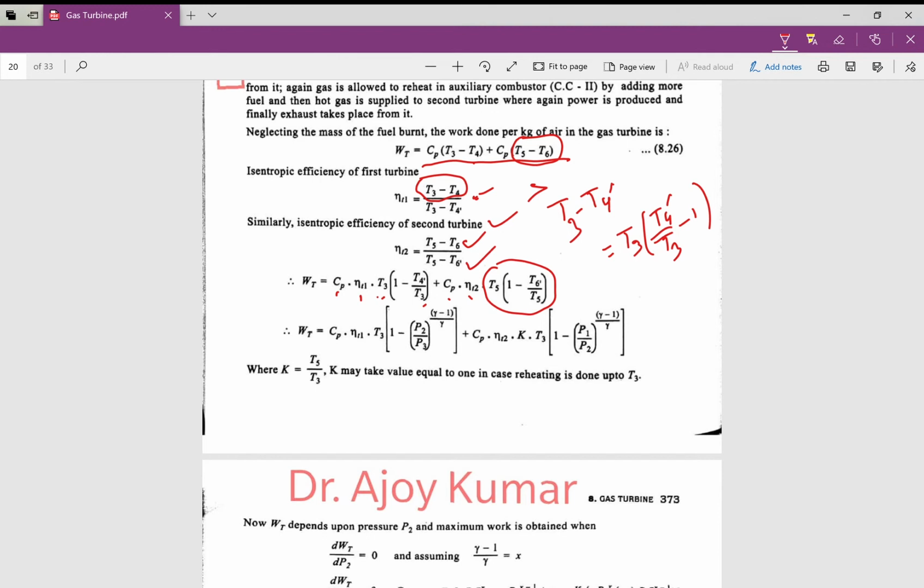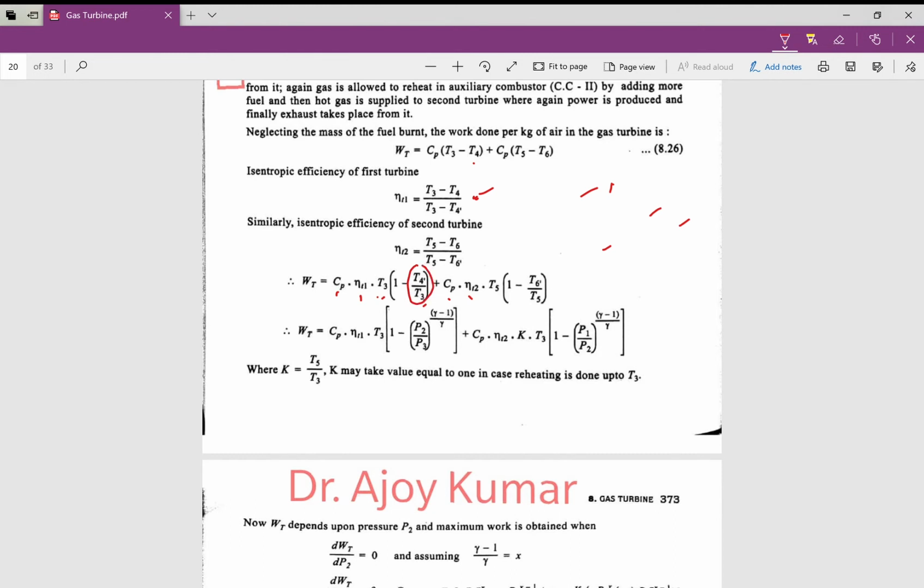Right? So in this way we can simplify, and this ratio, that is the temperature ratio, can be written in terms of pressure ratio, that is, this ratio and this ratio can be written in terms of pressure ratios P2 upon P3 over here and P1 upon P2 over here.